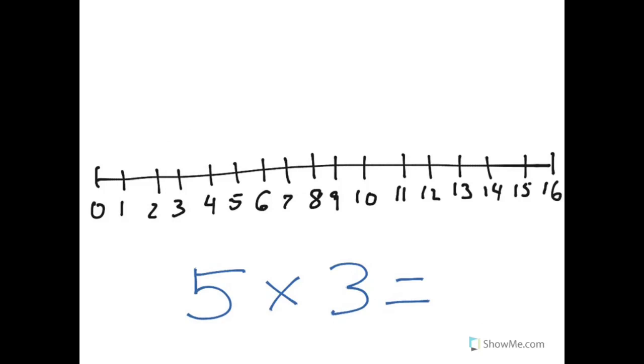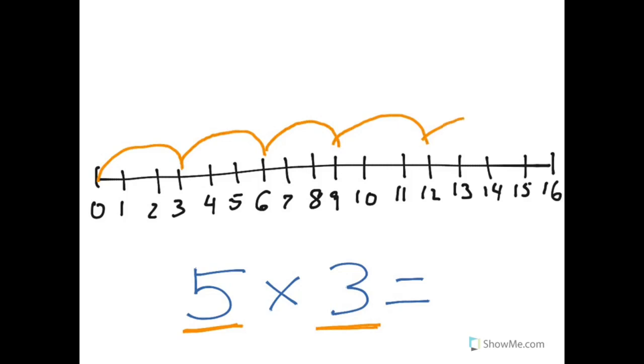Remember the first factor? The first factor tells us how many jumps we're going to do, so this time we're going to do 5 jumps. The second factor tells us how many pieces are in each one, and where we stop jumping is going to be the product. It's going to be the answer. So 5 jumps, start at 0, jump to the 3, 1, 2, 3, and repeat.